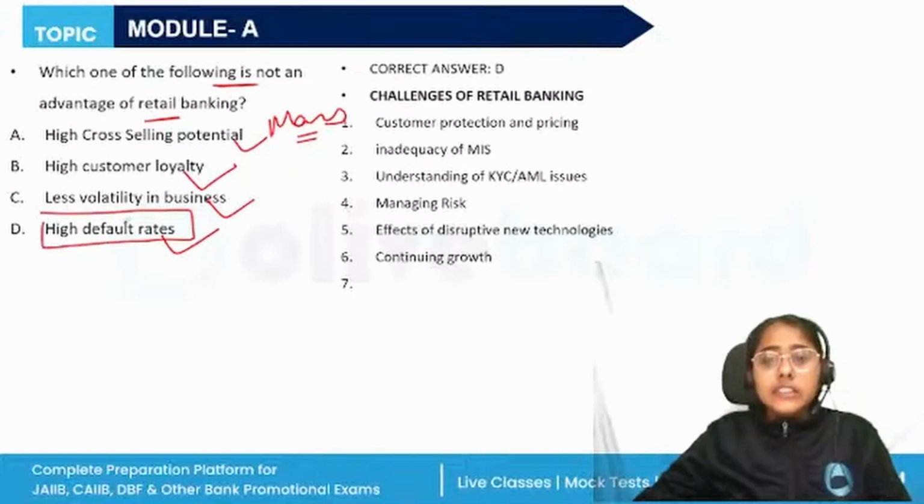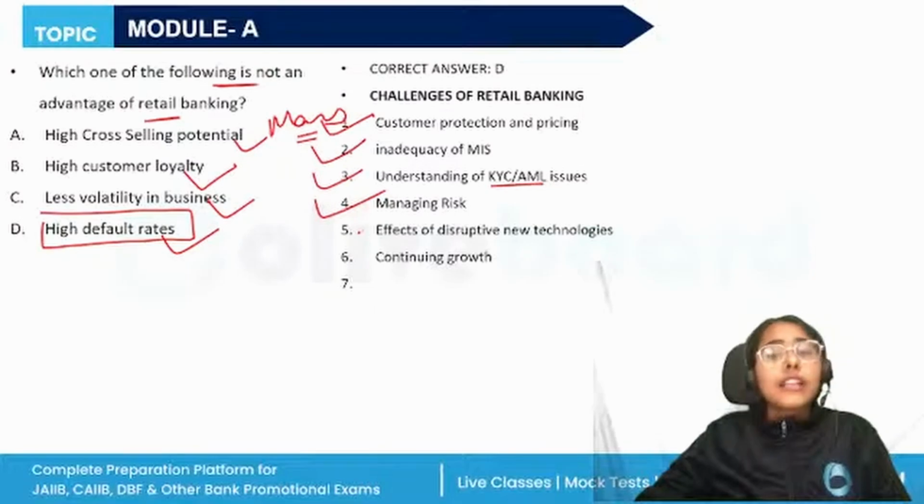So what are the challenges? Customer protection and pricing. In today's digital world, we need to protect customers against frauds and identity theft. Inadequacy of the management information system can be another challenge, because a large plethora of information is available due to the mass customer segment, so we need to manage that information well. Then understanding of KYC and anti-money laundering issues, and managing risks: market risk, credit risk, operational risk.